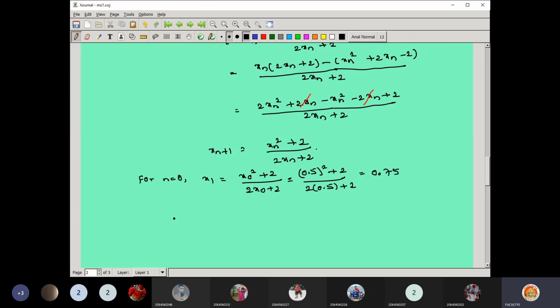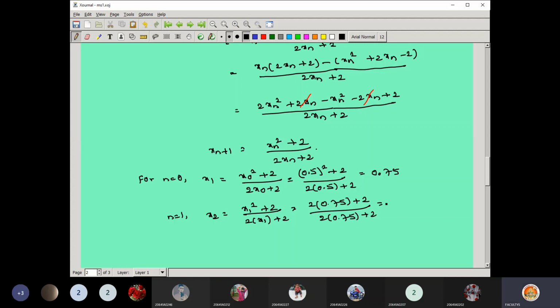Now you are moving to n equal to 1. So that you are getting x2 equal to, same in the formula, x1 square plus 2 divided by 2 into x1 plus 2. So it is 0.75 square plus 2, divided by 2 into 0.75 plus 2. I'm not changing the formula; there itself you are just calculating the values.